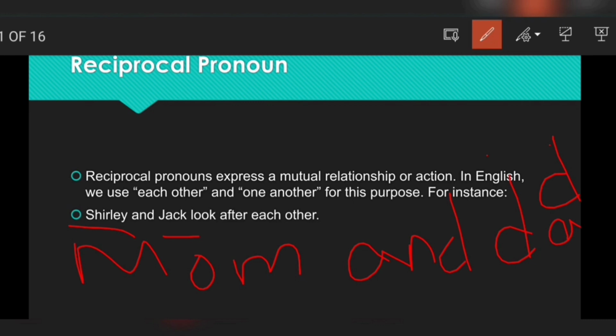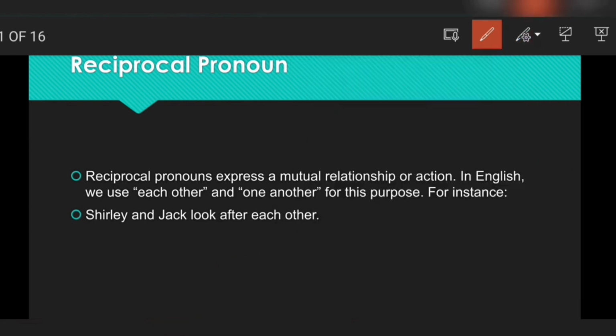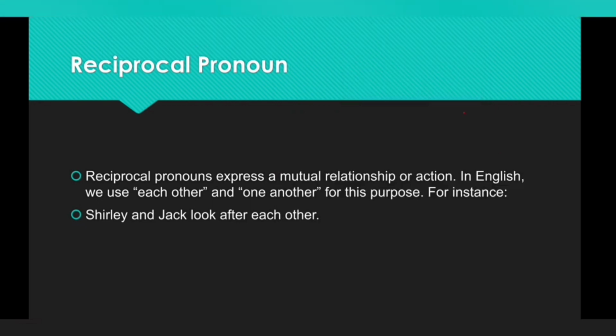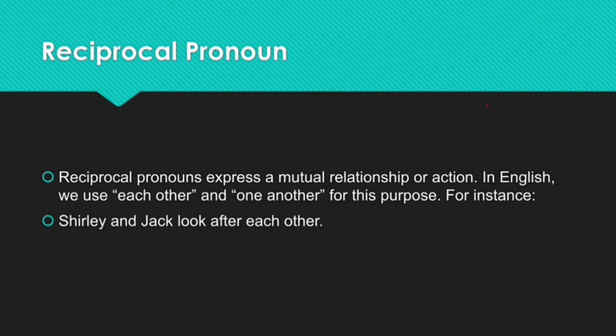I think it is true in everyone's case. And if it is not, may Allah make it easier for everyone. So mom and dad look after each other is an example of a reciprocal pronoun. Who is showing a mutual relationship in this sentence is mom and dad. So this is an example of a reciprocal pronoun. I hope it is clear to all of you.